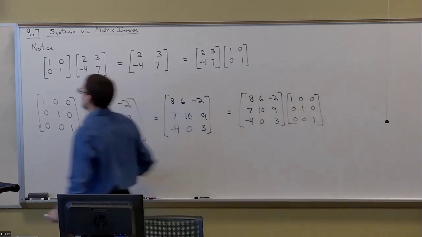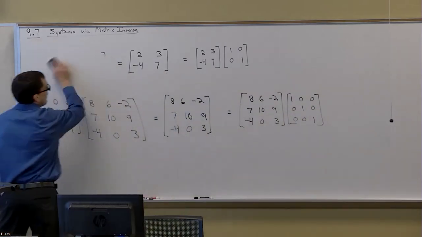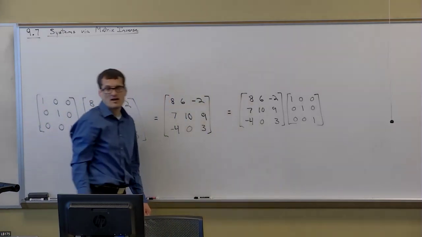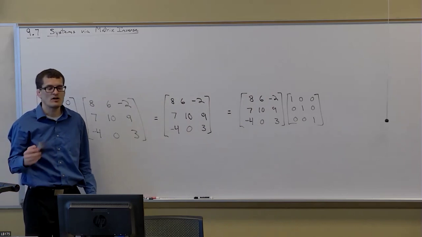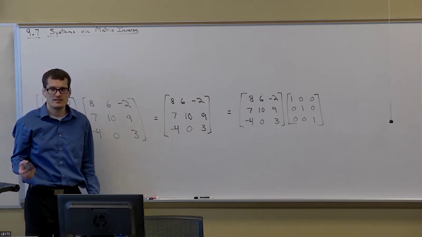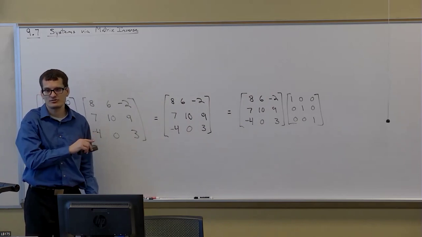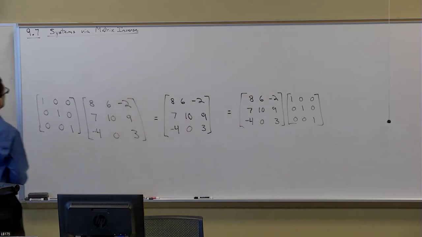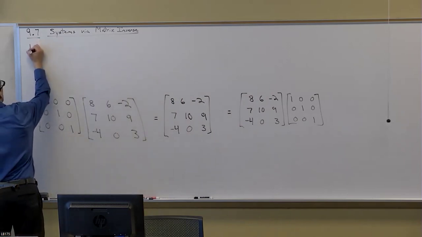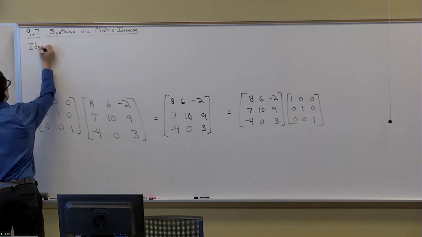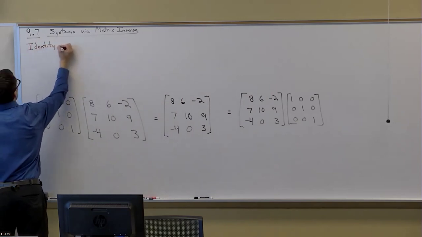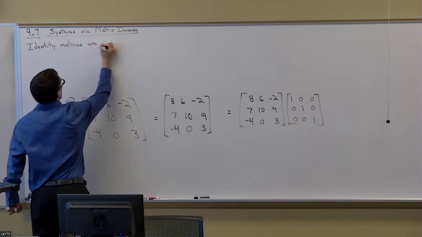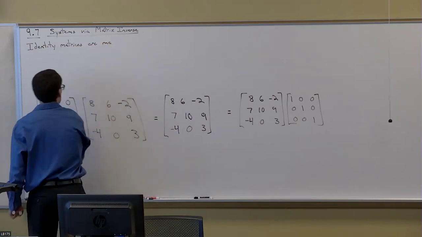These matrices are called the identity matrices because under multiplication, they give you back the matrix you started with, right? So the identity matrices are square matrices.